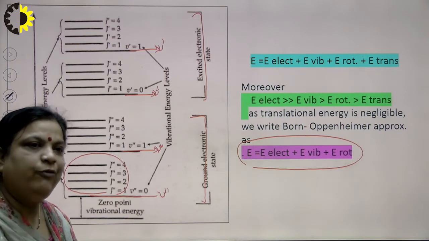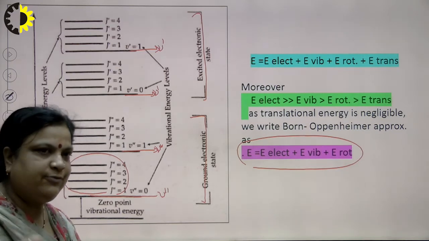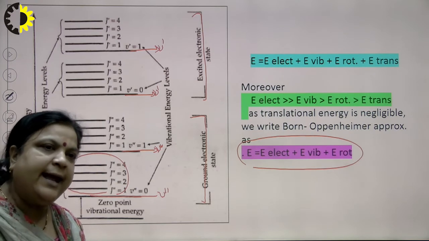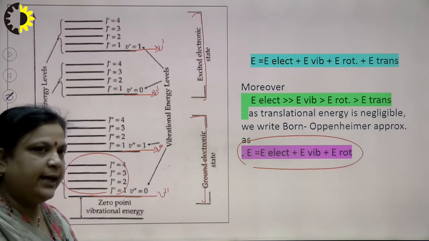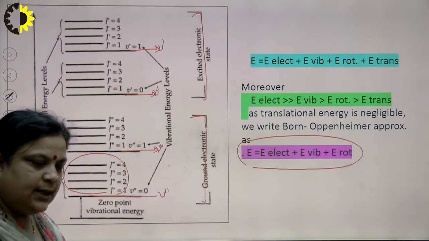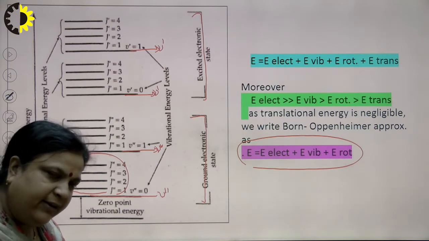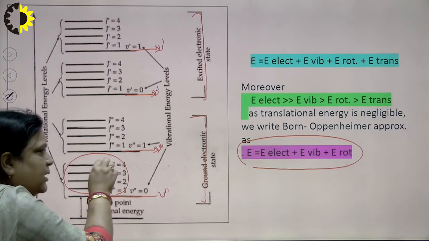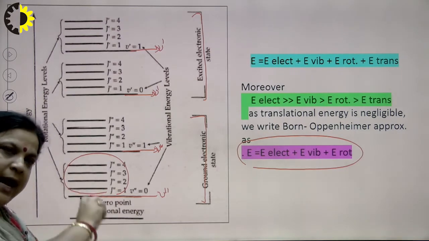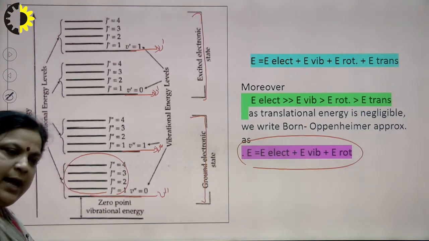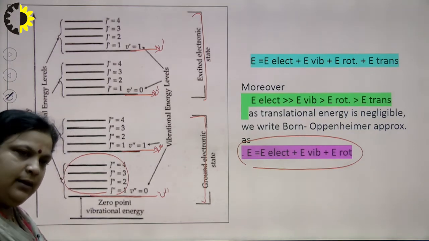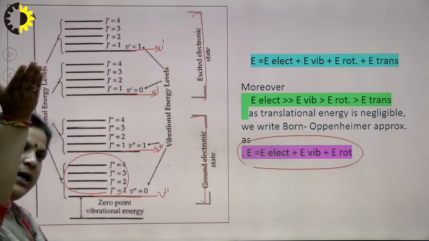We can explain this simply by an example. Suppose we take two floors, a ground floor and a first floor, and on each floor there are 9 rooms, and in one room there are 20 seats. The 20 seats are comparatively very near. So, this is the group of rotational energy levels: the 20 seats in one room. The rooms are the vibrational energy levels, 9 rooms at one level and 9 rooms at another level.